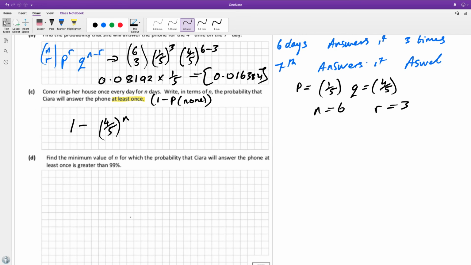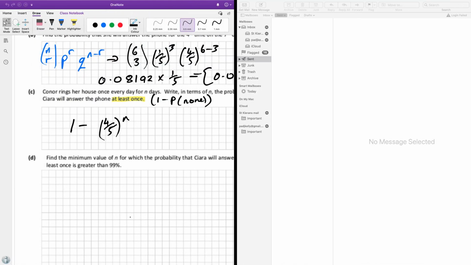Find the minimum value for n for which the probability that Kira will answer the phone at least once is greater than 99%. Logs. How are we going to create logs?